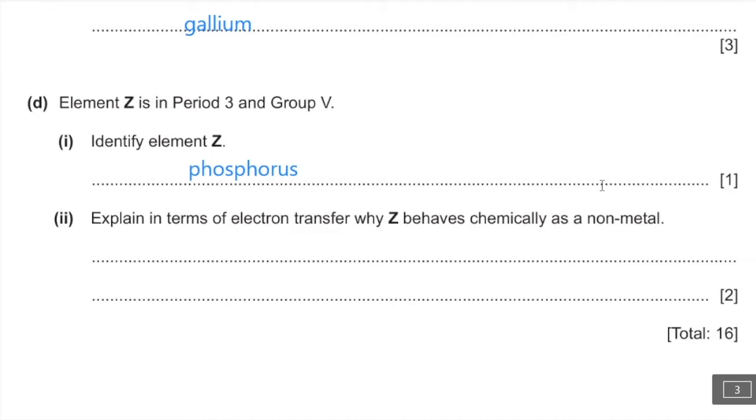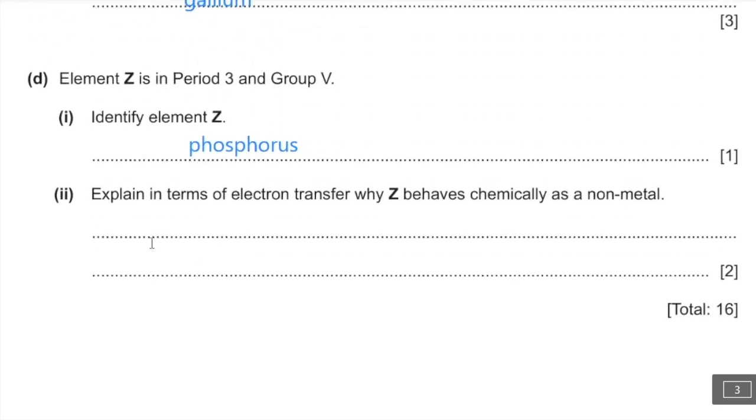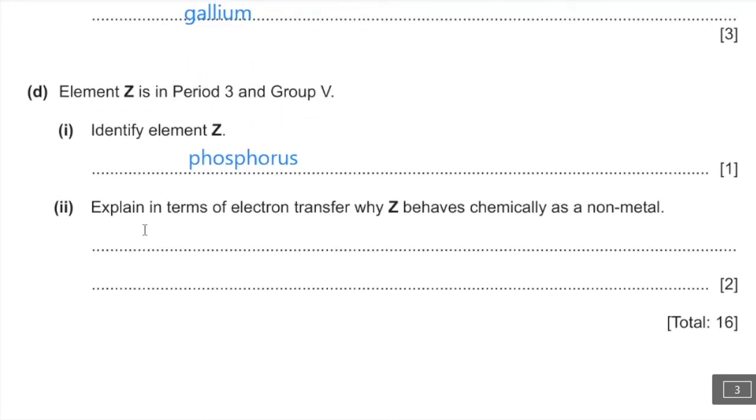So non-metals, as we know, they gain electrons, and that means we have to mention this over here. But since this question is of 2 marks, we have to write something other than that it gains electrons. So we can just write the number of electrons that it gains. So it gains 3 electrons.